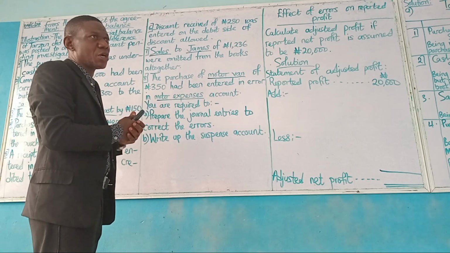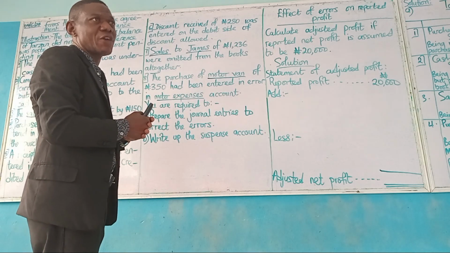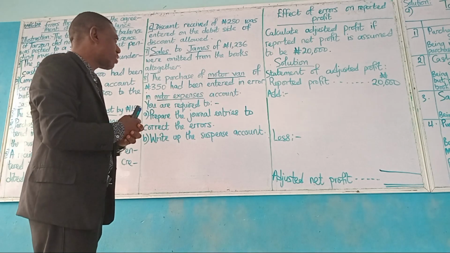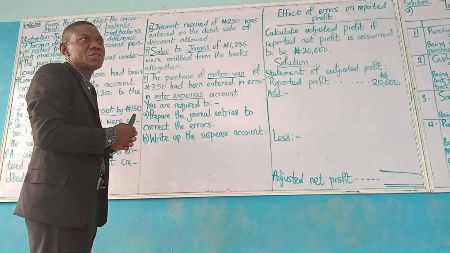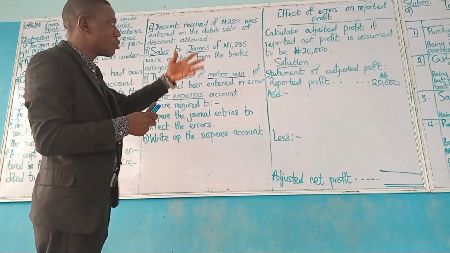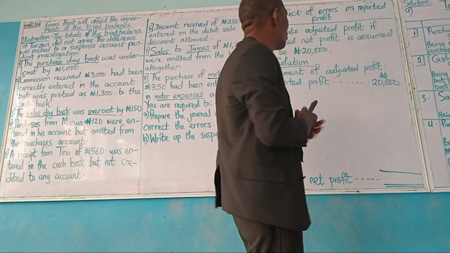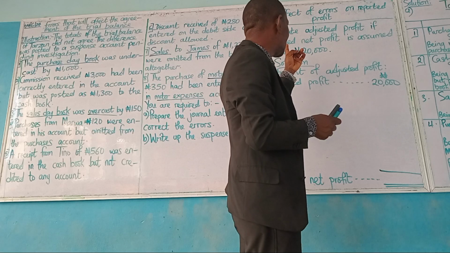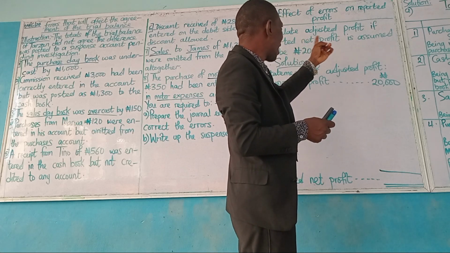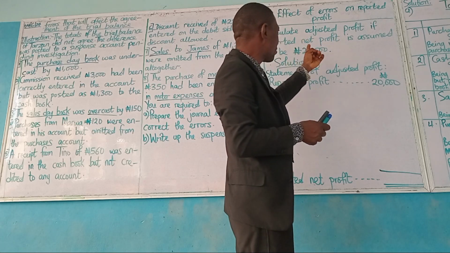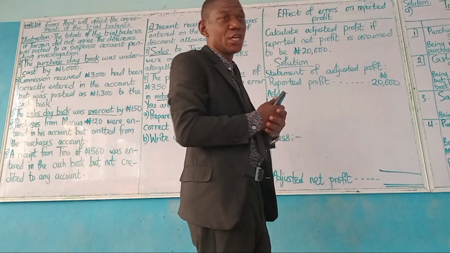So most often, the final account will have been prepared before we start solving the errors that occur during the year. That's why it says the effect of errors on reported profits. Calculate adjusted profit if reported net profit is assumed to be 20,000.